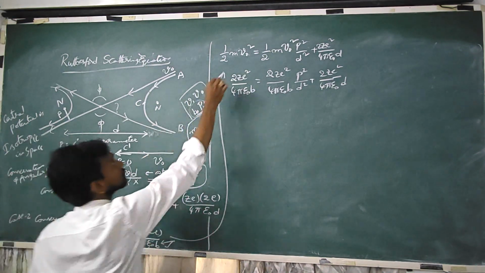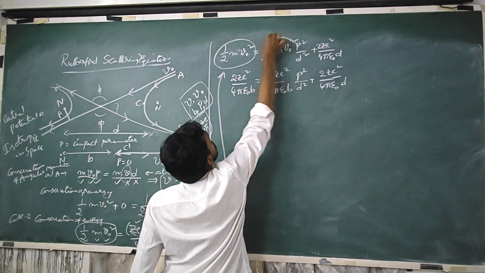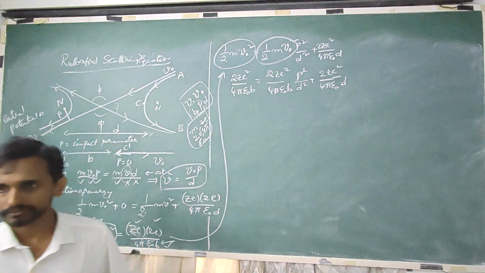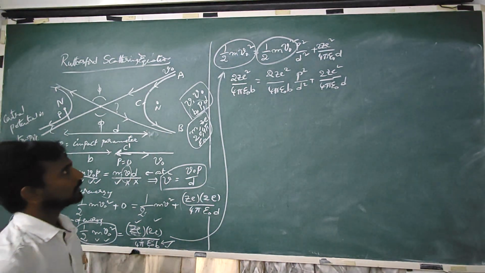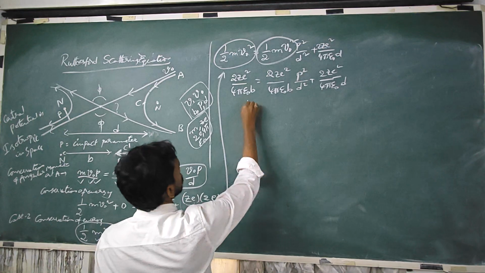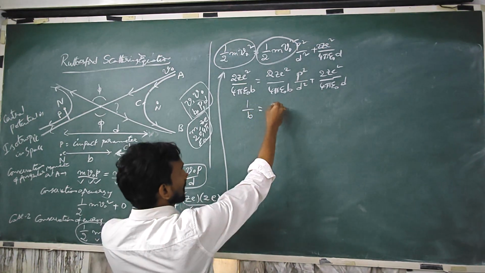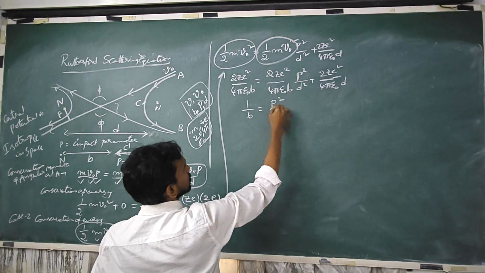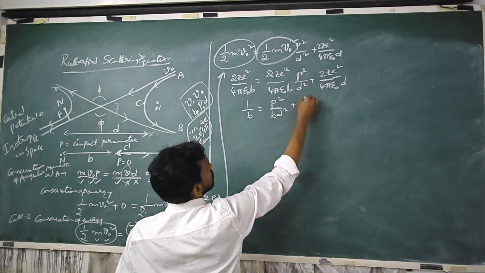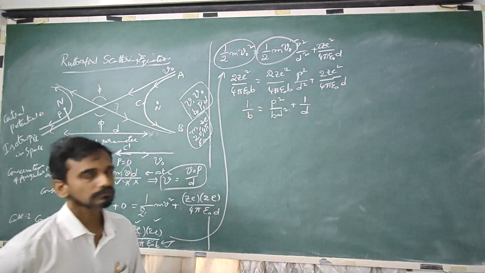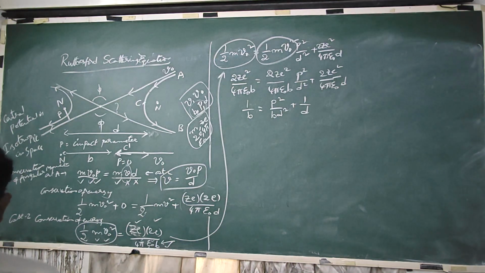So I'm replacing half m v naught square. So in total, what do you get? 1 by b is equal to p square by b d square plus 1 by d. So which one should we avoid?